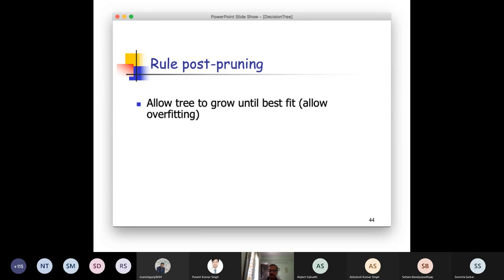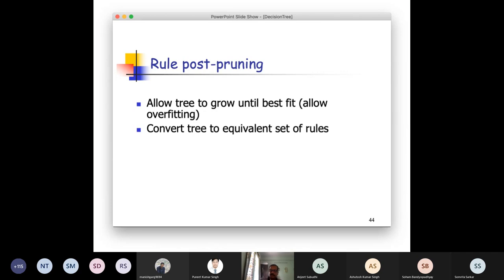So if I say rule, we say that the conjunctive literals, that Boolean expression, is the antecedent part, and the corresponding value is the consequent part. So you can get all these rules, and then you can prune the rules. Means you can prune the clauses of the antecedents and check once again what is the performance.